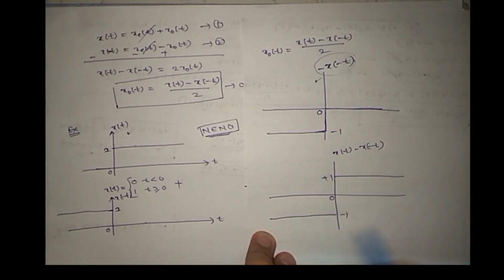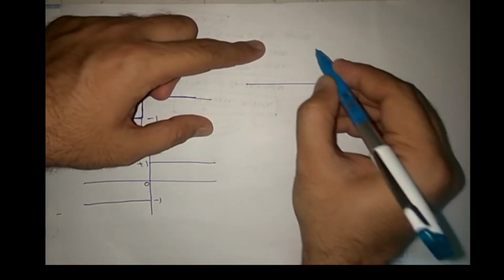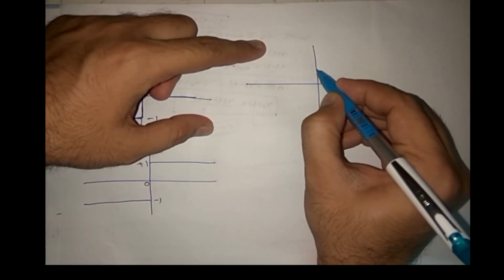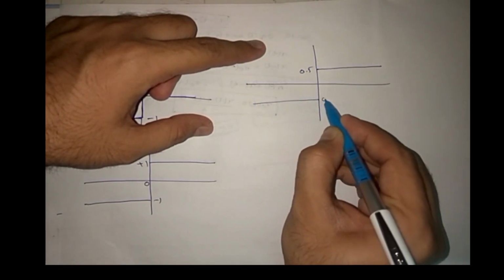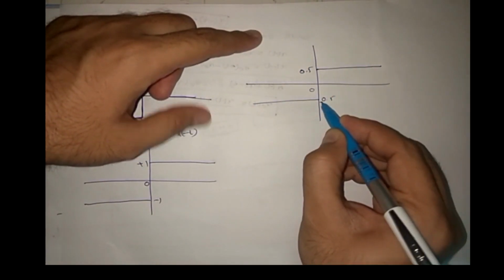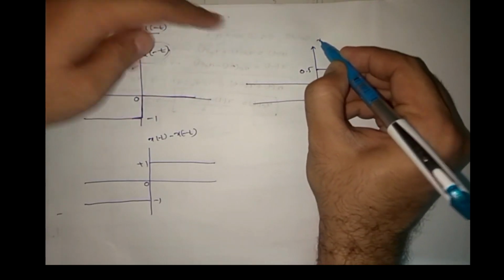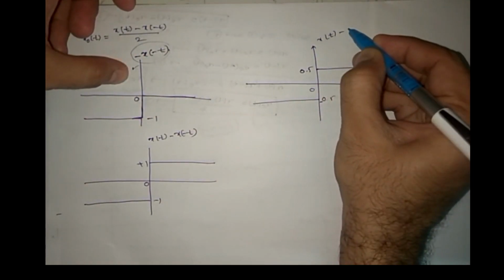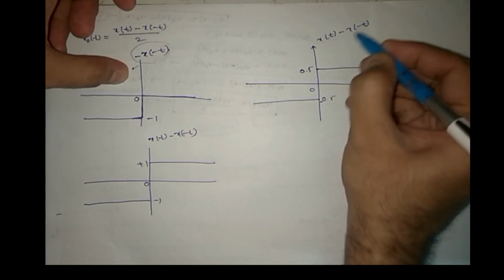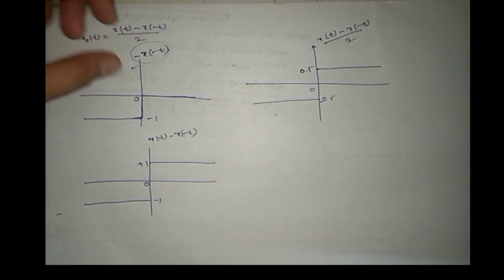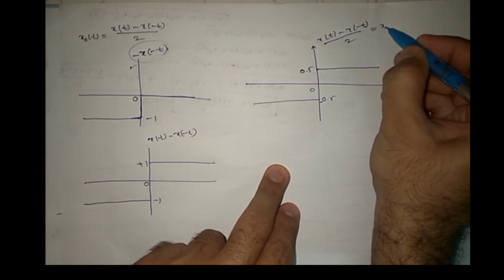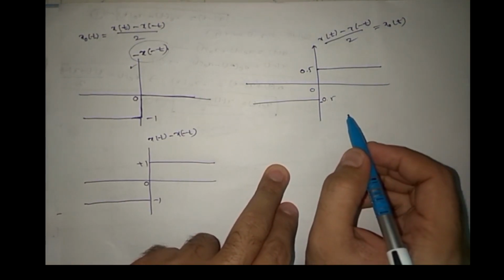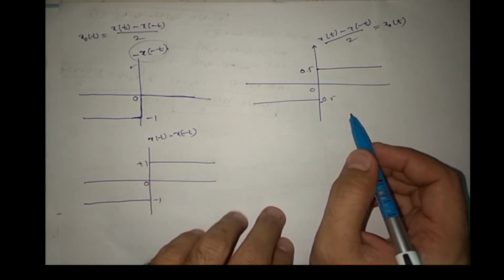If we divide by 2, what will come next? It will be 0.5, and 0, and minus 0.5. This is x of t minus x of minus t by 2, right? So this is the odd part of the signal hidden in the given x of t signal.